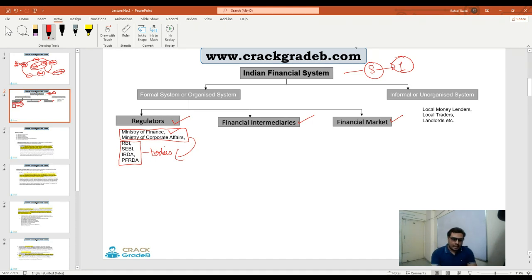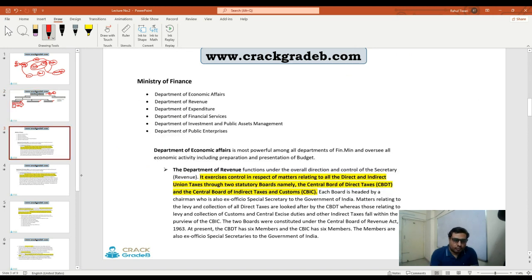So in India, the finance ministry at present has six departments. There are six separate departments in the Ministry of Finance, and they are responsible for different work. So first is Department of Economic Affairs, second is Department of Revenue, third is Department of Expenditure, fourth one is Financial Services, fifth one is Department of Investment and Public Assets Management.